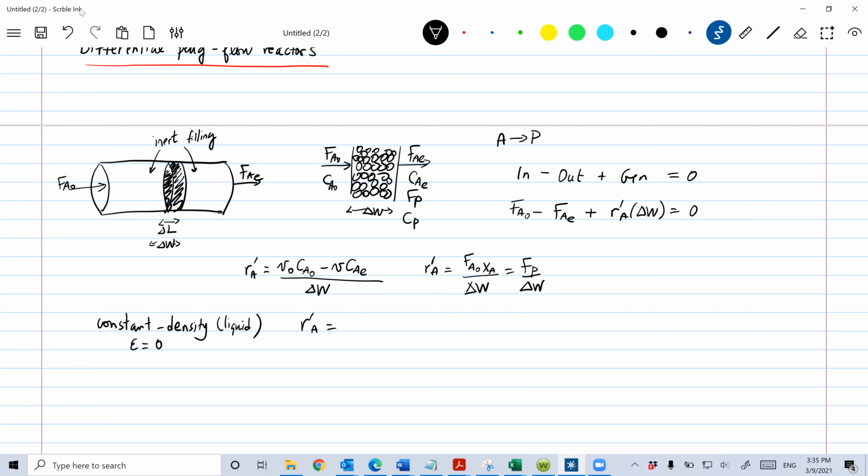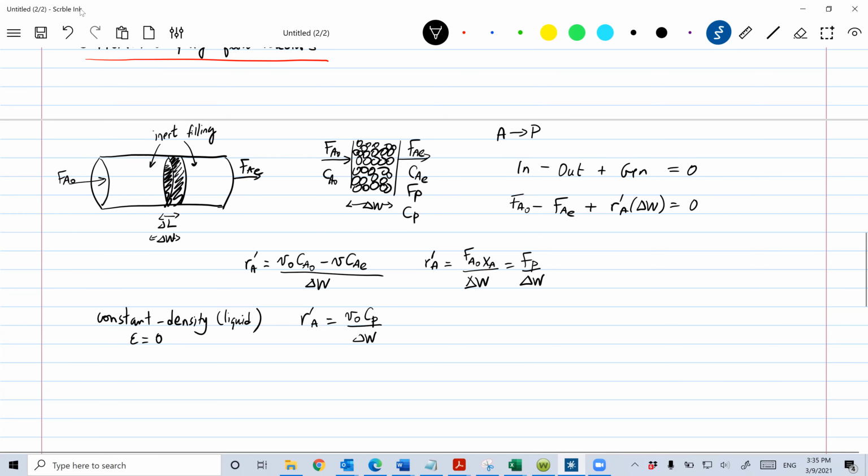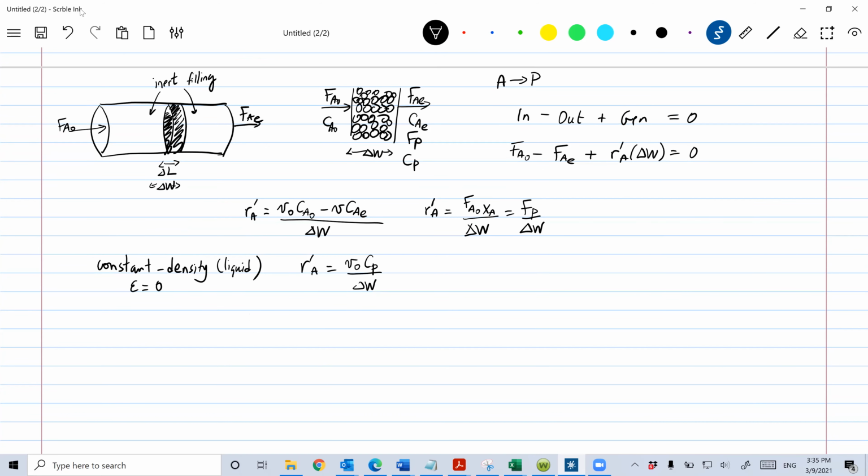So RA prime can be equal to V naught times the concentration of product over delta W. So these are equivalent ways of writing your differential PFR mole balance. Oh, there's a minus in front in every single one of them because these are positive numbers. Forgot about those.